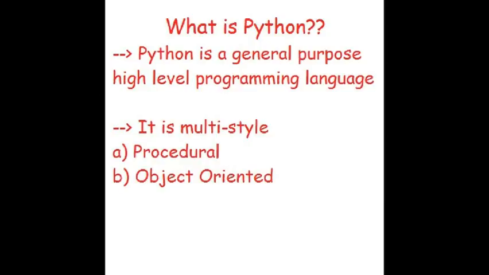Object oriented programming is a bit complex, but don't worry, we'll go through it precisely. First of all we'll start with procedural programming, where we'll understand how to write simple codes in a procedural way, and then later we'll define objects and classes and how to use them to make programs.